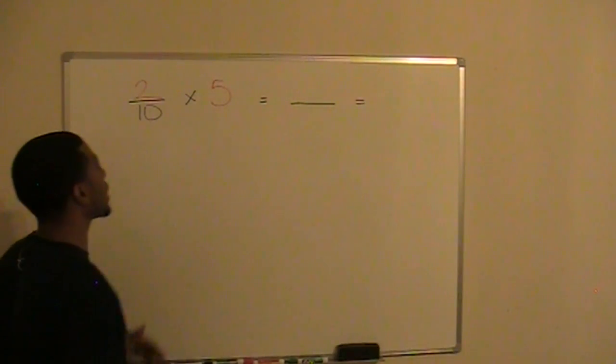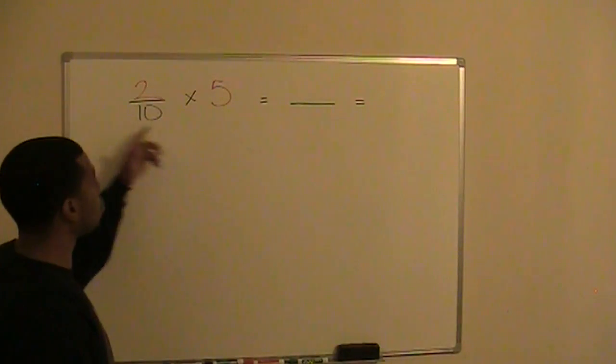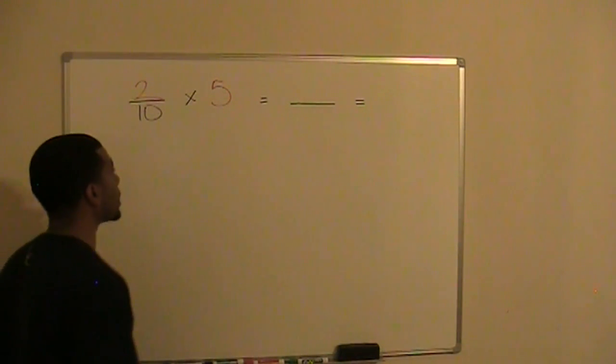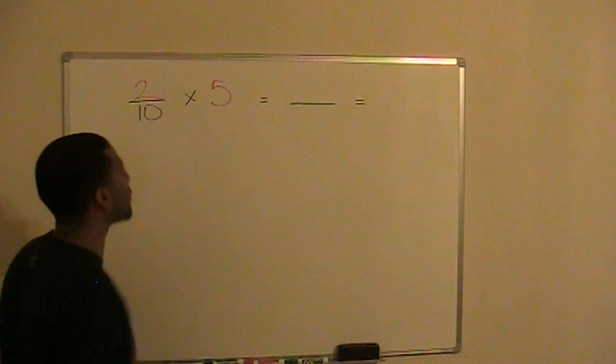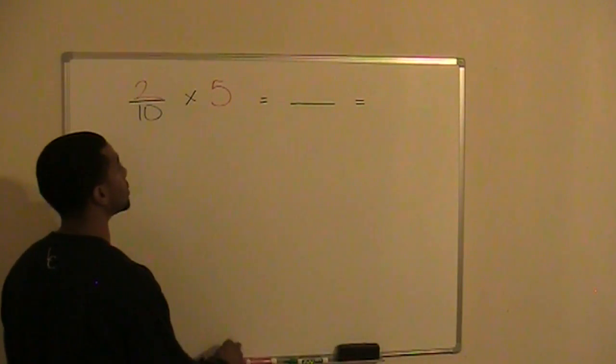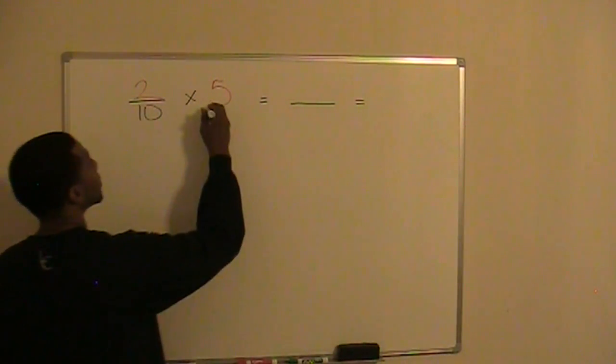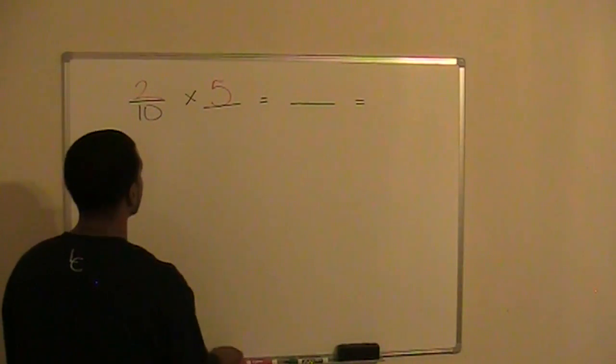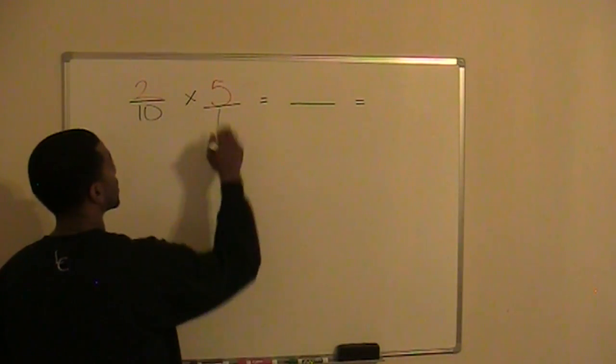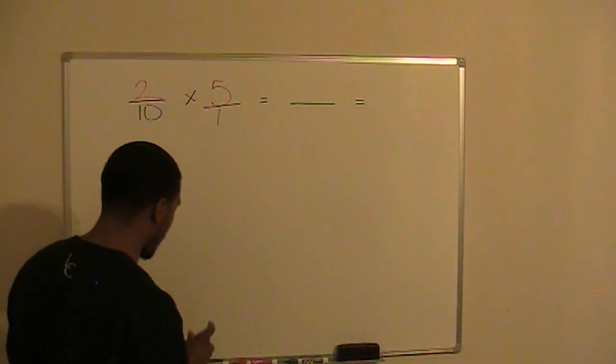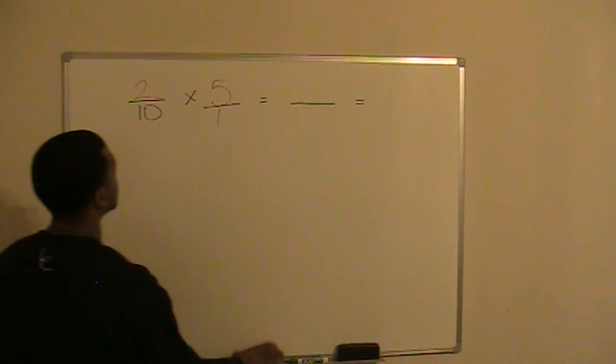If I'm multiplying fractions, again, my rule is I multiply the numerators and then I multiply the denominators. But here I do not have a denominator, at least it's not written. But under every whole number is the number 1, again, because 5 divided by 1 is still 5. Now we multiply across.